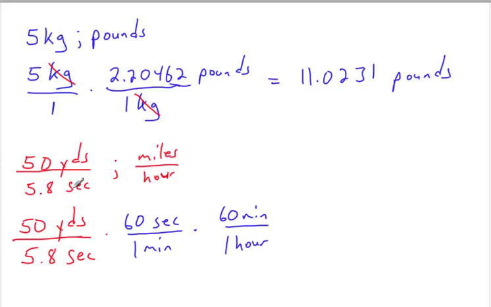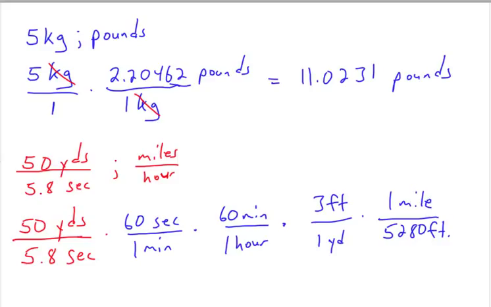And now I need a conversion factor for yards to miles, which I don't know either, but I do know that, let's see, 1 yard is 3 feet, and I do know that there is 5,280 feet in 1 mile.